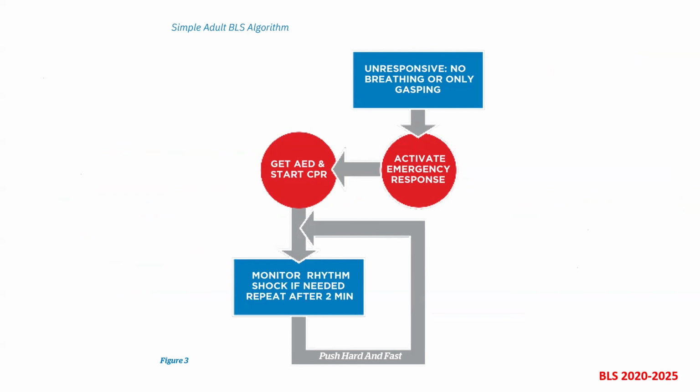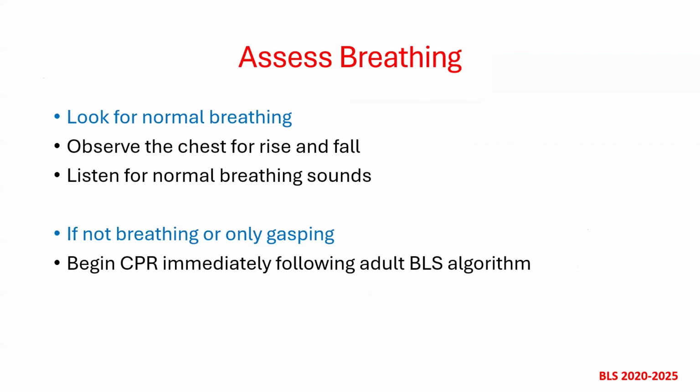Activate emergency response, get an AED, and start CPR. Monitor the rhythm, shock if needed, as the AED advises you to give a shock or not, and repeat every 2 minutes. In between, push hard and push fast. That is the most important thing you need to do. Every 2 minutes the cycle repeats till emergency medical services arrive.